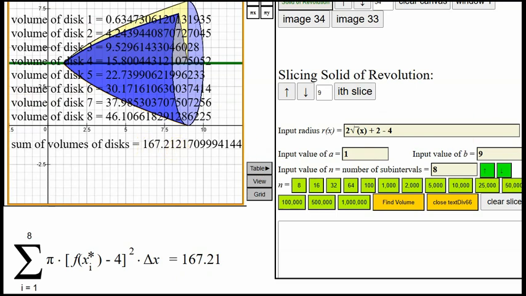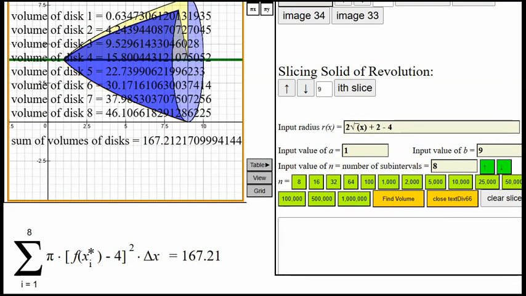And then the sum of the volumes of the 8 cylinders or the 8 discs, this is how we write it using summation notation. i running from 1 to 8. And then this is pi. This is the radius of the ith disk.